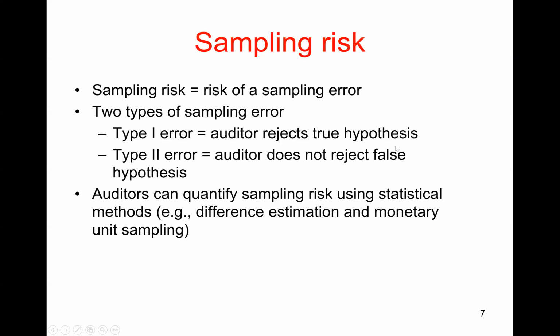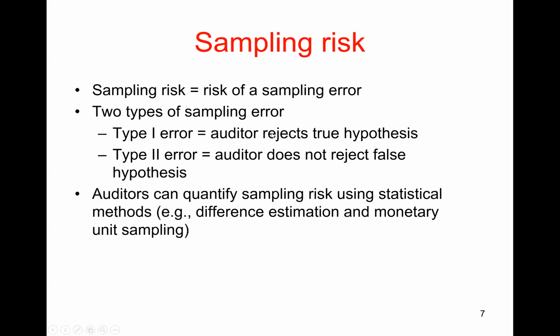So what do we mean here by true and false hypotheses? Well, suppose, for example, that the client has said that sales for the year are $10 million. That's the hypothesis the auditor wants to test. Suppose that the client is telling the truth. Indeed, sales are $10 million.